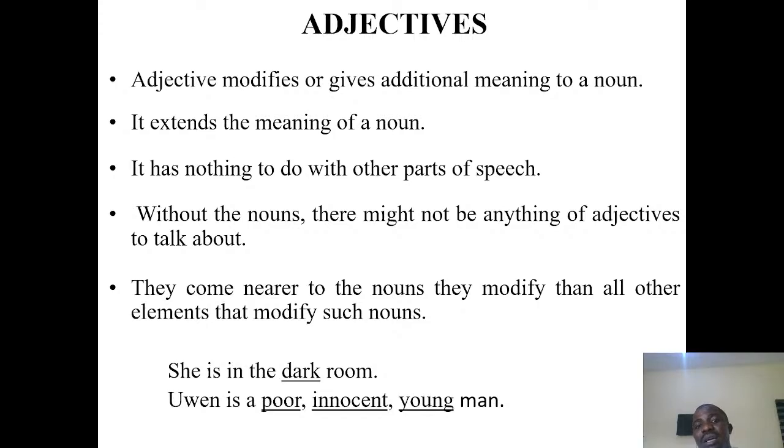Dark is an adjective. And therefore, the adjective will come closer to the noun than the determiner. The same applies here. It would be wrong to say, Owen is poor, innocent, young, a man, because a is a determiner, and an adjective will come closer to the noun than any other one.